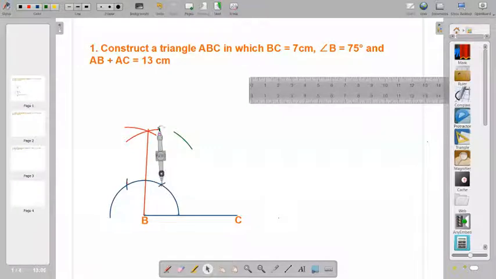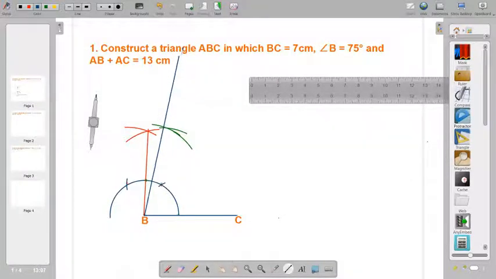So let me extend the arc so that we get the point of intersection accurately. Now, where the two arcs intersect, you can observe this is the point of intersection. Now that is 75 degrees. So now we take blue color, then we join B with that point of intersection. So this is our 75 degrees line.